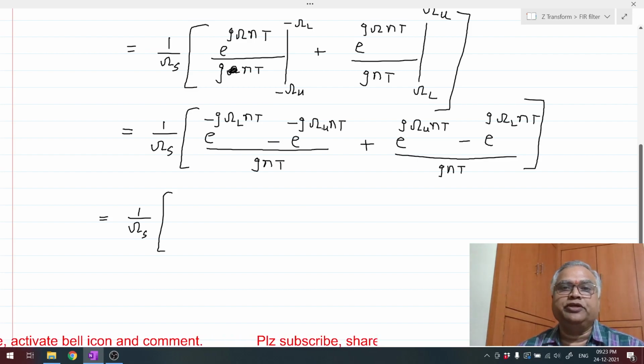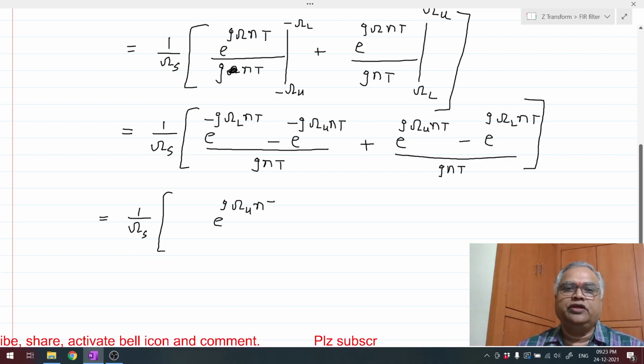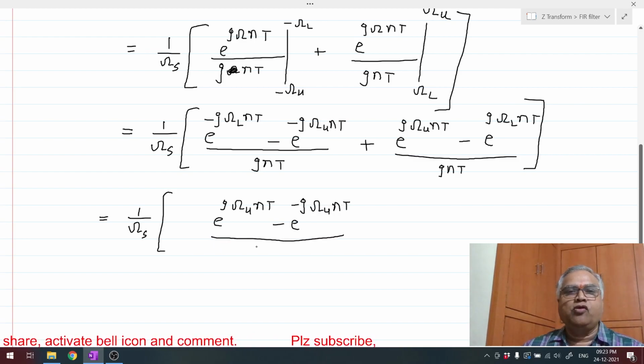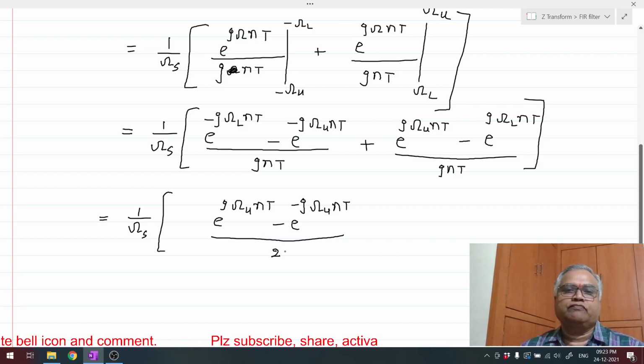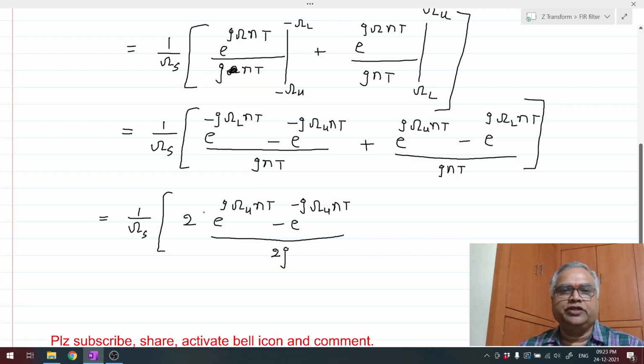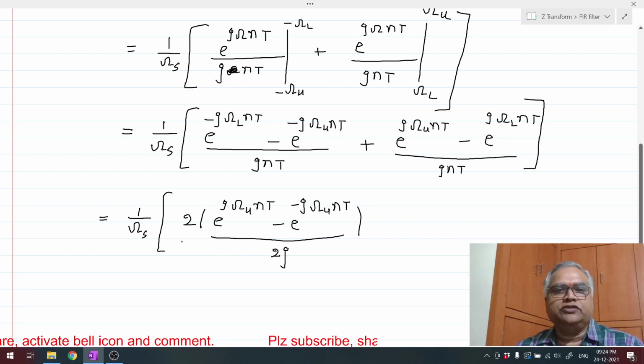By combining the upper limit terms, this and this I am combining: e power j omega u n plus e power minus j omega u n by 2j, taking 2 out, and n as it is.